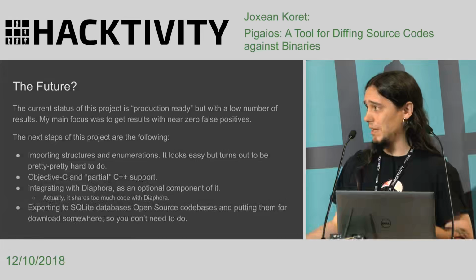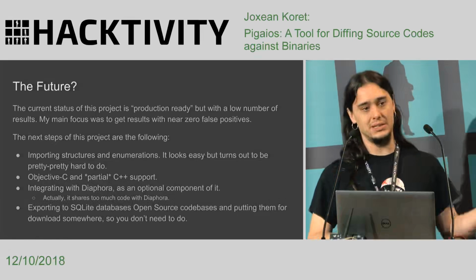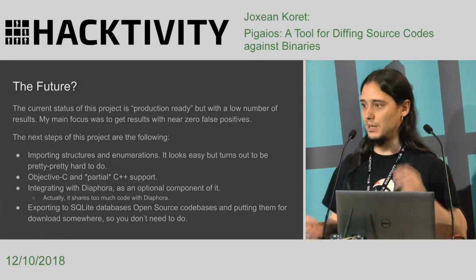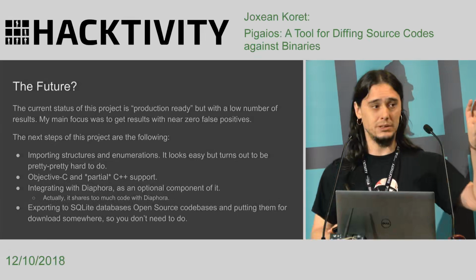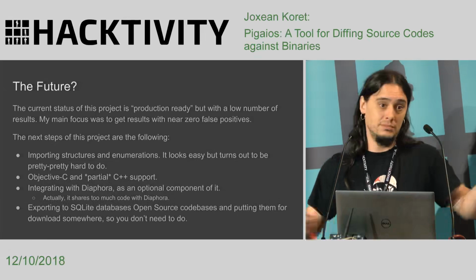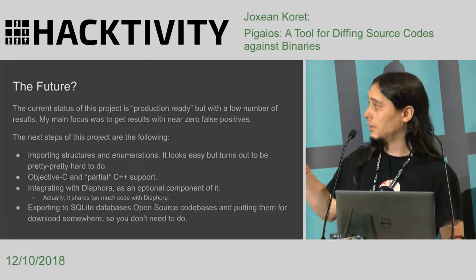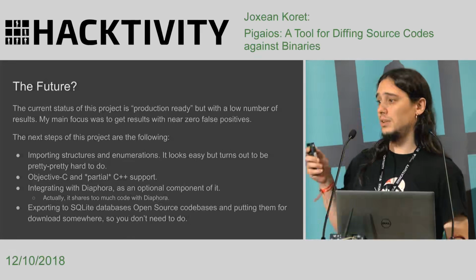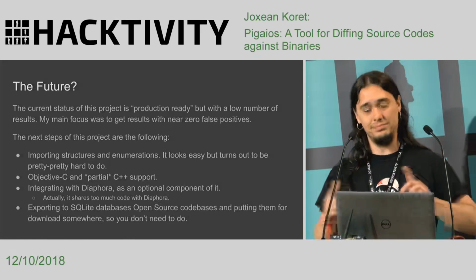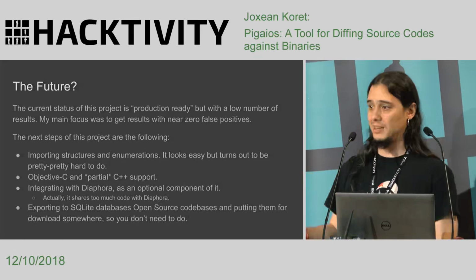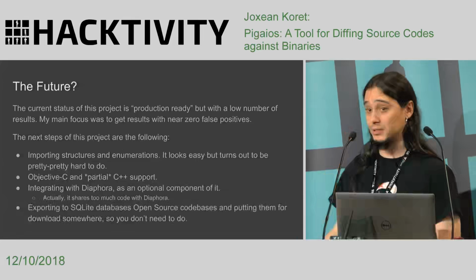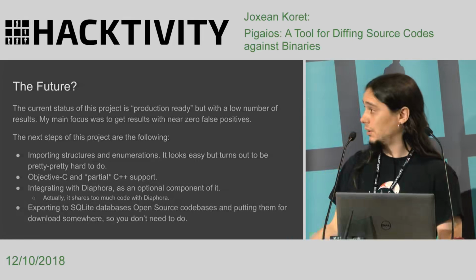I plan to maybe support Objective-C and C++, maybe partially, in the future. Why? Because as I'm using Clang, it already supports that. Also, I don't think it will be a specific project. I think that I should just integrate it, because it also serves a lot of code.